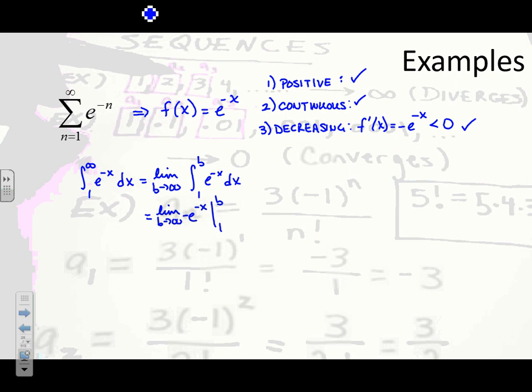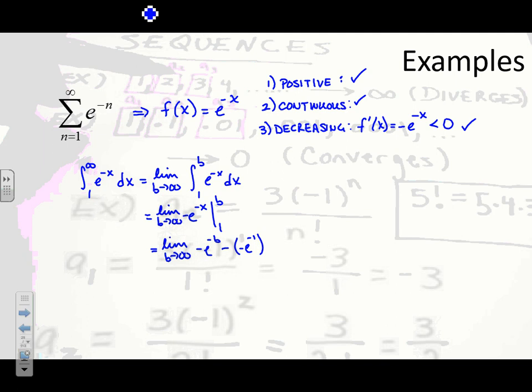When we plug b in, we get negative e to the negative b minus negative e to the negative 1. Okay?